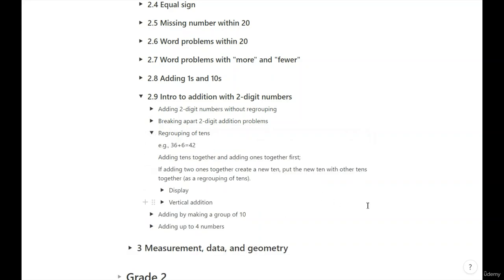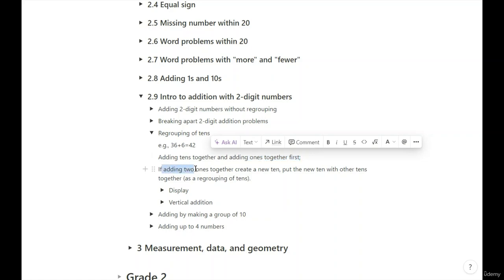Next step, let's have a look at regrouping of tens. The example is 36 plus 6 equals 42. So what we need to do is to add tens together and add ones together first.